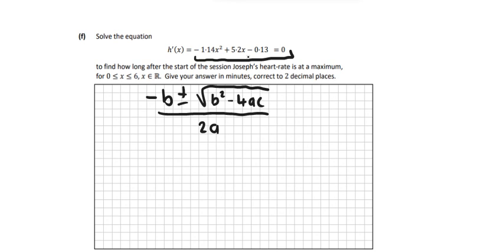So a is minus 1.14. b is 5.2, and c is minus 0.13.